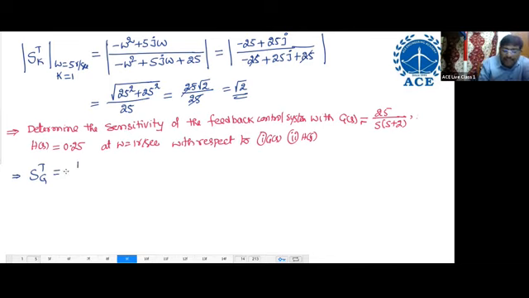Simply 1 by 1 plus GH. Substitute G, substitute H, then find the magnitude. Then you will get the answer. Come on, tell the answer.